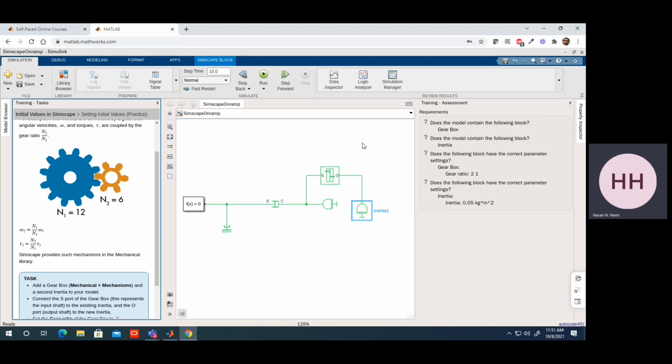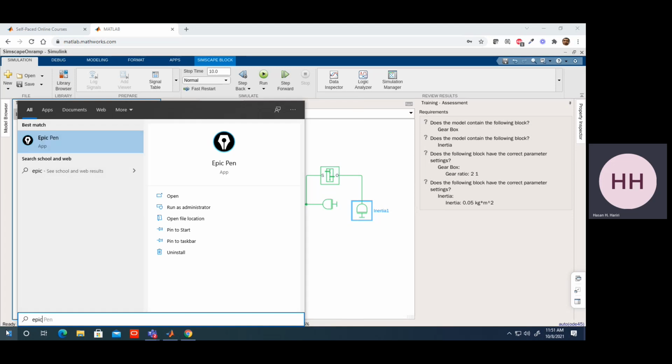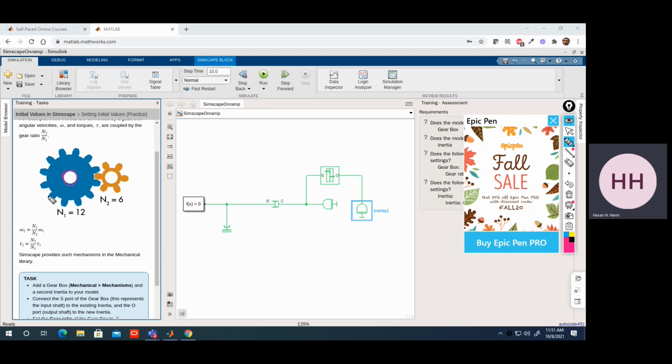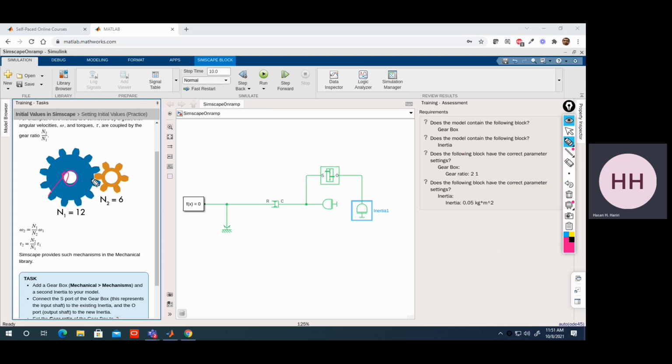I can write for you. Basically, this is the input shaft. Let's say here you have shaft 1, which will be connected to the S, and here you have a shaft 2, right?